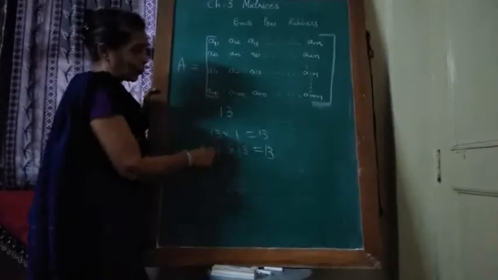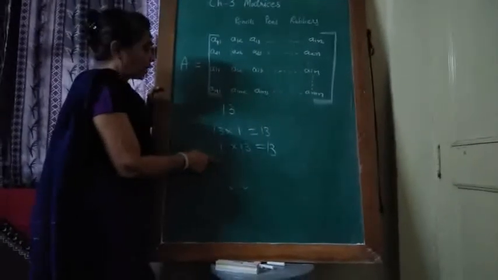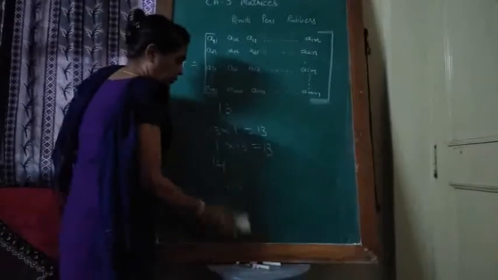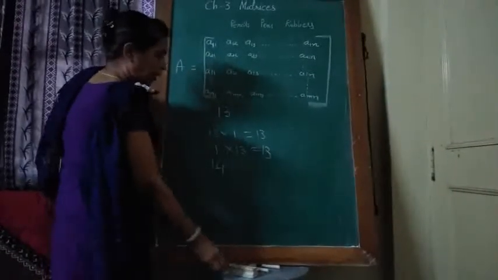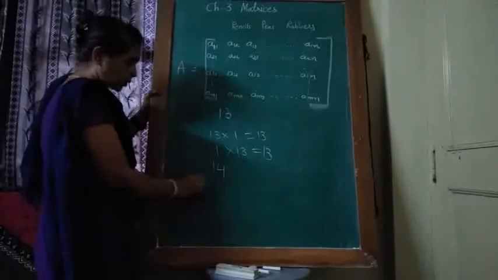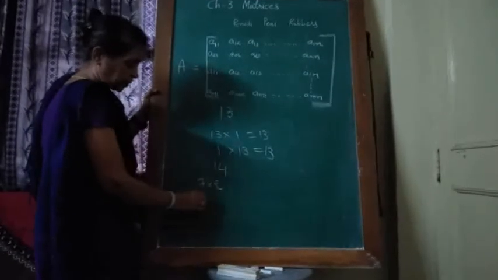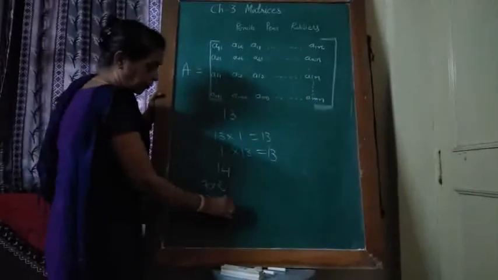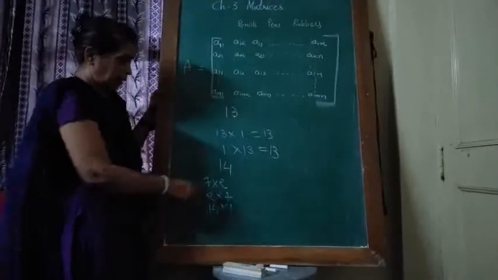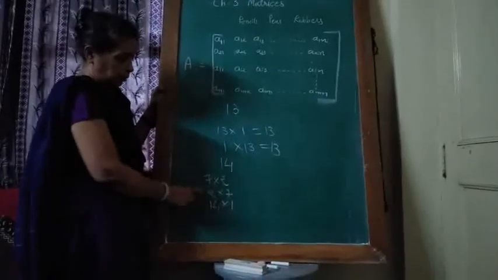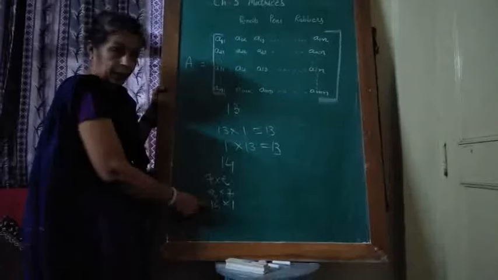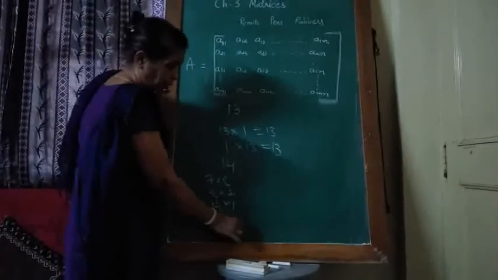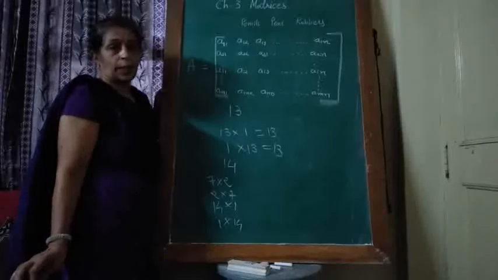Clear? So 2 possibilities are there. But suppose I take a composite number, 14. How many rows, how many columns? 14 elements: 7 times 2, 2 times 7, 14 times 1, 1 times 14. So there may be 7 rows, 2 columns; 2 rows, 7 columns; 14 rows, 1 column; or 1 row, 14 columns. All possibilities are there.